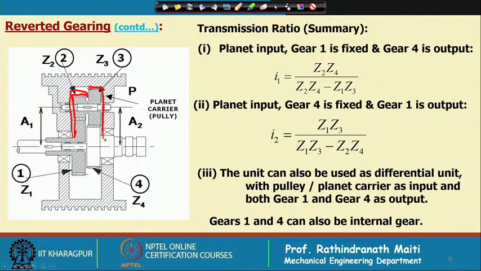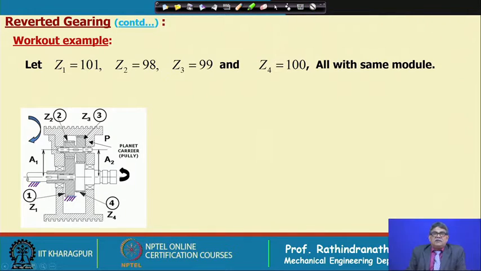Obviously, the casing will be different. Physically, it is going through this planet carrier, so it is not an easy task to make, but if it can be done in some way, it is also possible. Now, we shall take a worked example.